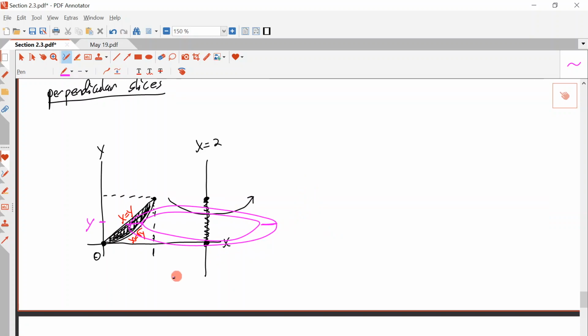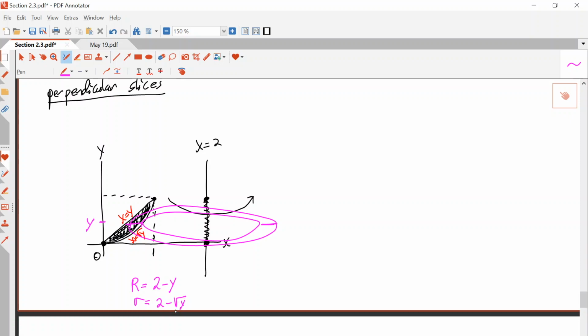So the outer radius, the large radius of that perpendicular slice is the distance from x equals 2 to x equals y. So the larger radius is 2 minus y. The little radius is the distance from x equals 2 to x equals the square root of y.